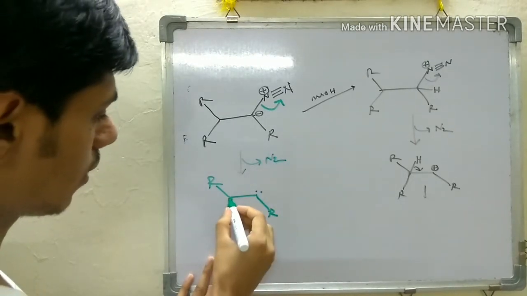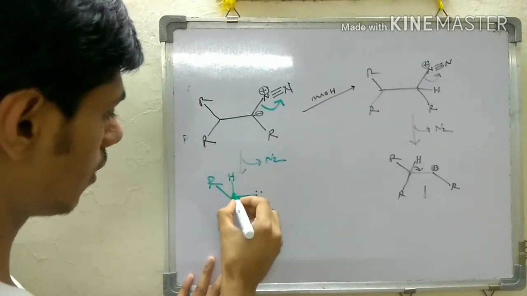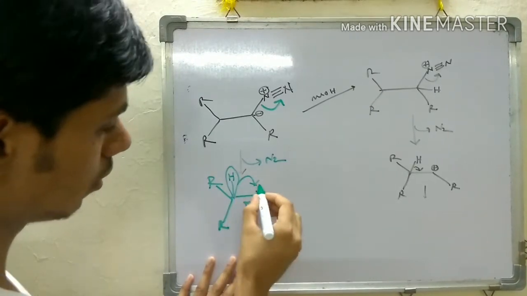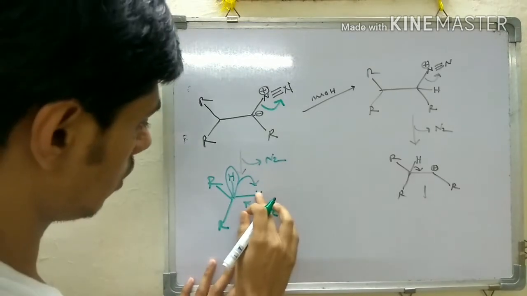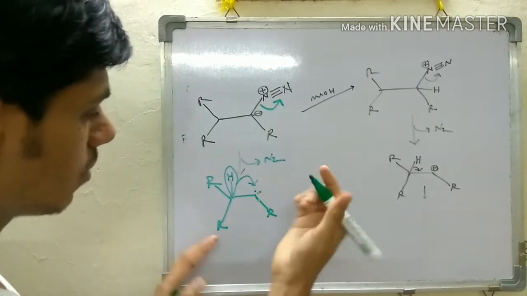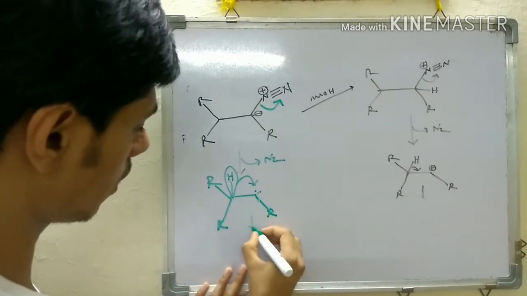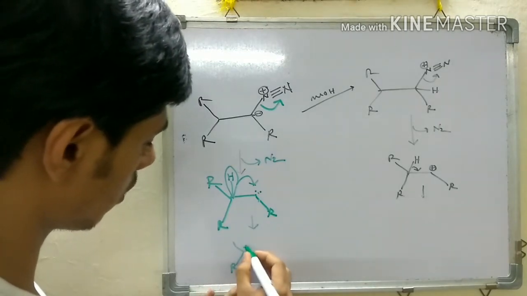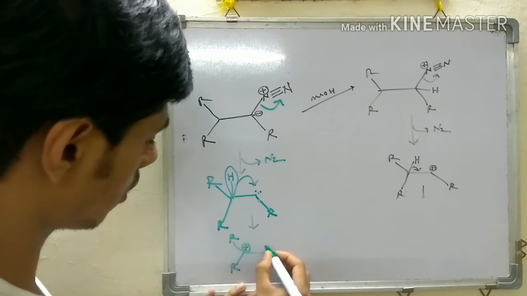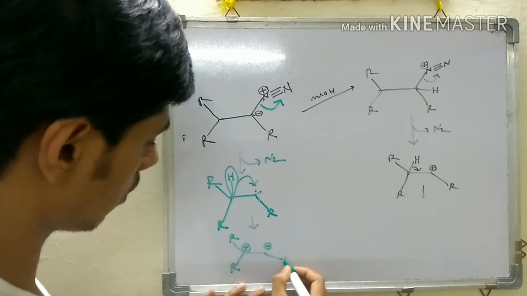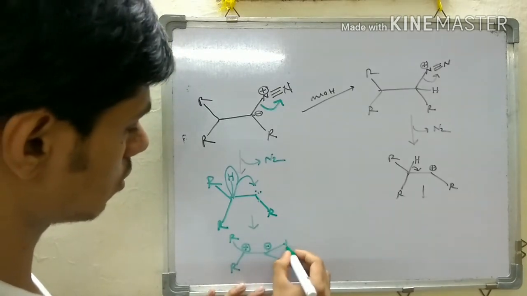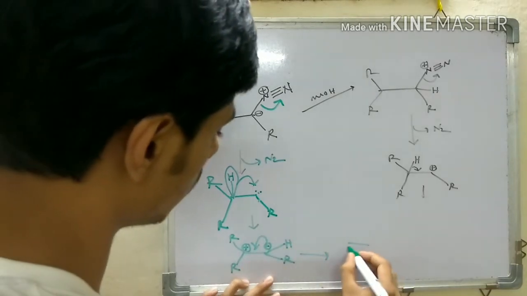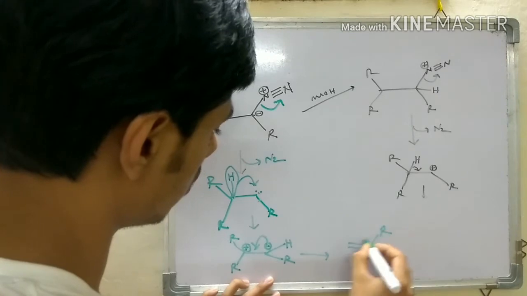Then this hydride can migrate here. Actually it is a concerted step, but I am showing you by breaking the step. If this hydride migrates here, then here we will have a positive charge and here you will have a negative charge, plus this R, and of course this hydrogen. Then this negative charge goes here and you will get this.